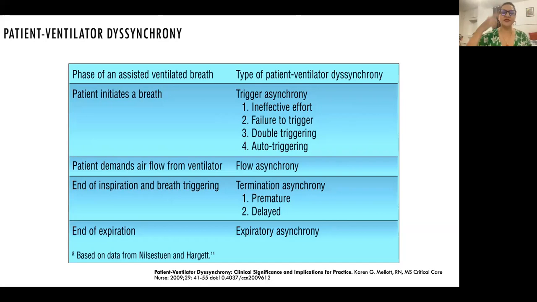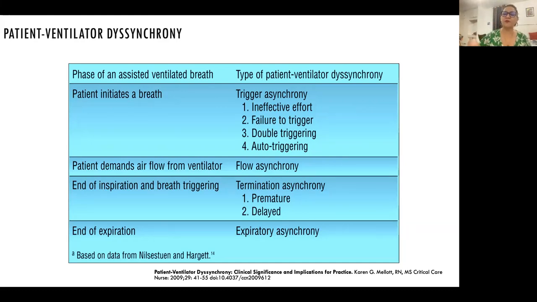Now, as I said, in the trigger, there might be a problem. The patient initiates a breath, but you may still have trigger asynchrony because some of the babies may have ineffective efforts. They may have failure to trigger because they are not triggering at the point where you ask them to trigger.